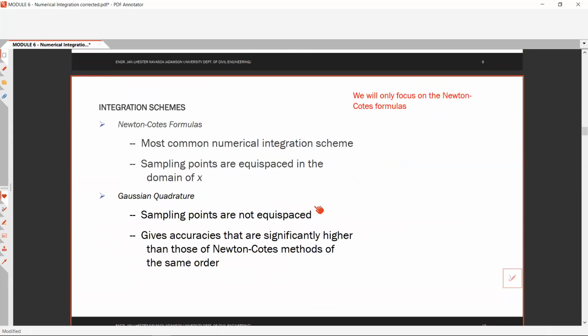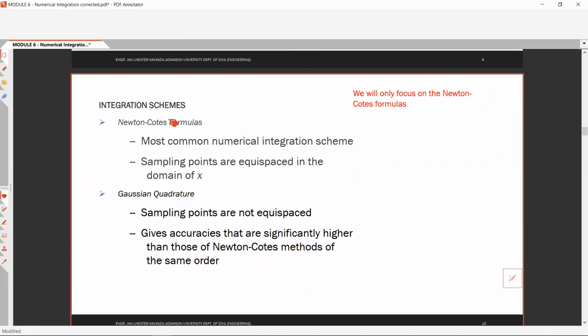In the numerical point of view, or the integration schemes, we have two formulas: the Newton-Cotes formulas and the Gaussian quadrature. The Newton-Cotes is the most common numerical integration scheme, where the sampling points are equispaced in the domain of x.